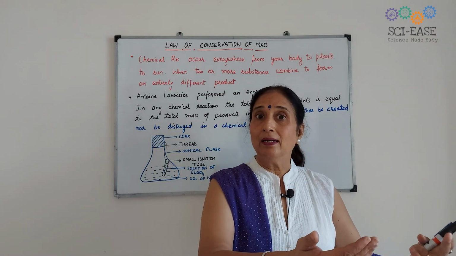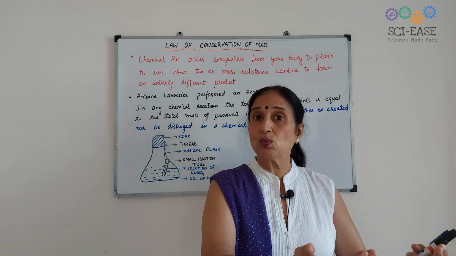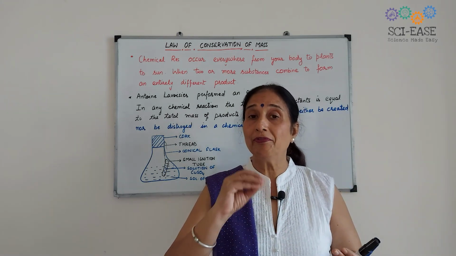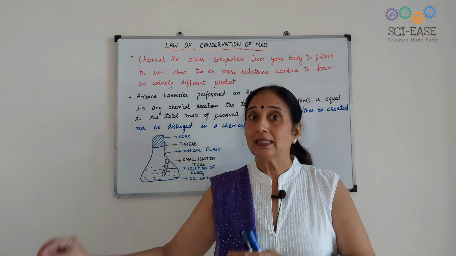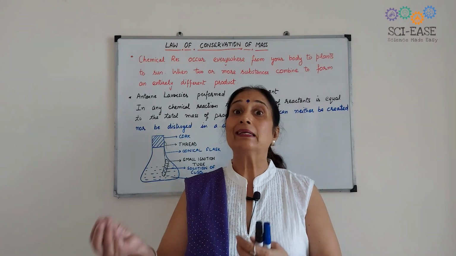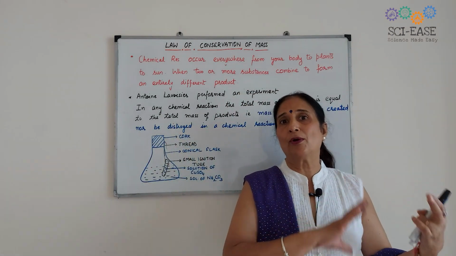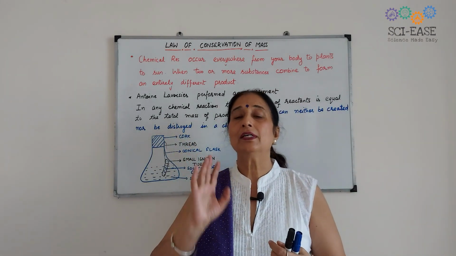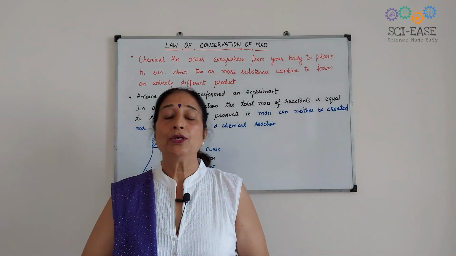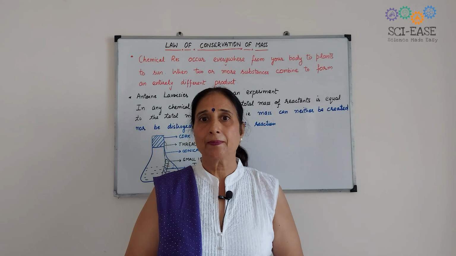Initially, the food we eat, and the simple soluble form of the food which is formed, are entirely different from the food which we have taken. In the same way, you take the case of plants.